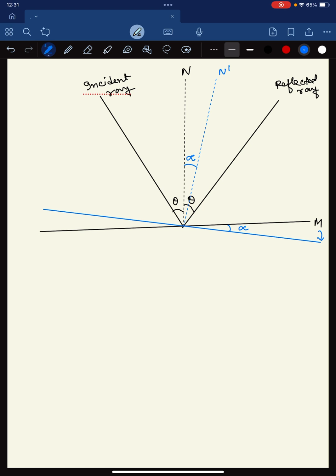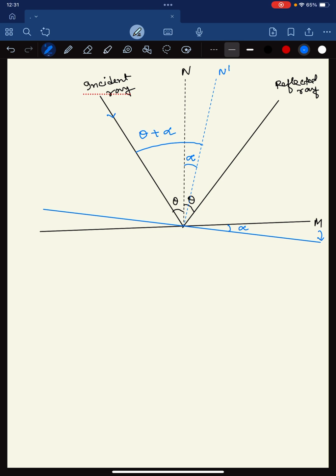Okay, now the incident ray will make an angle theta plus alpha with the new normal n dash.